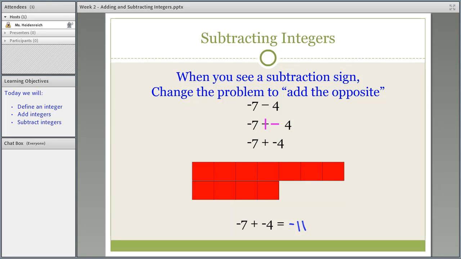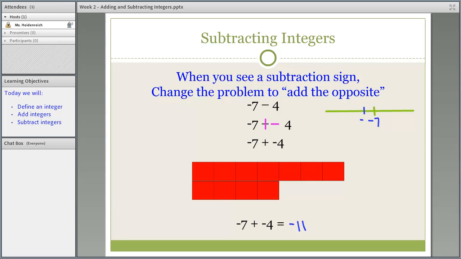Now, if you don't like this way, I'm just going to show you really quick one other way to think about it. If you had negative 7 on your number line, and you wanted to take away 4, that would mean you go to the left 4. That's what take away really means. You start going to numbers that are smaller. So we would go left 4.